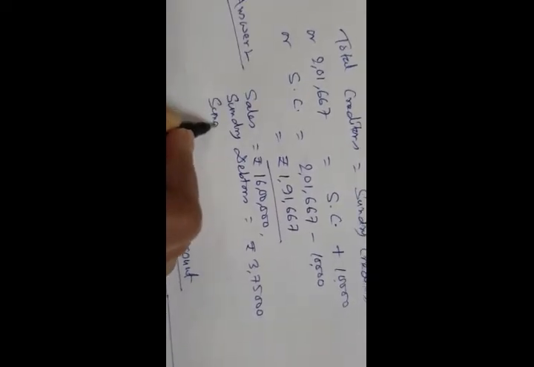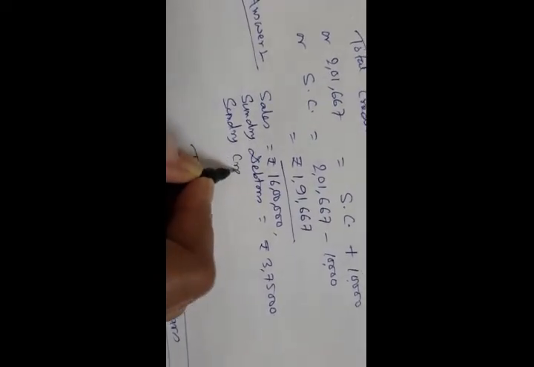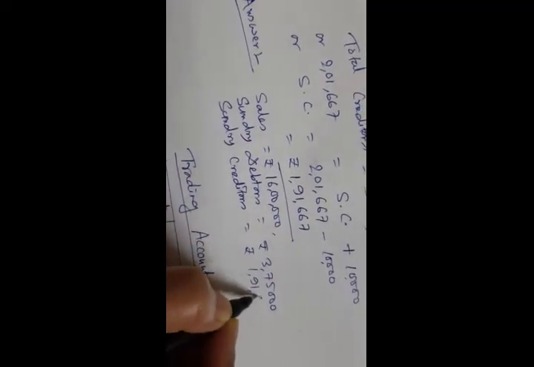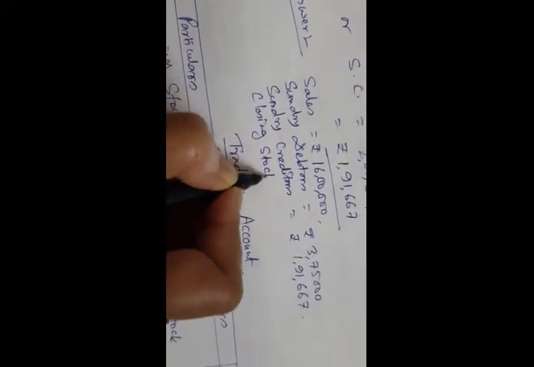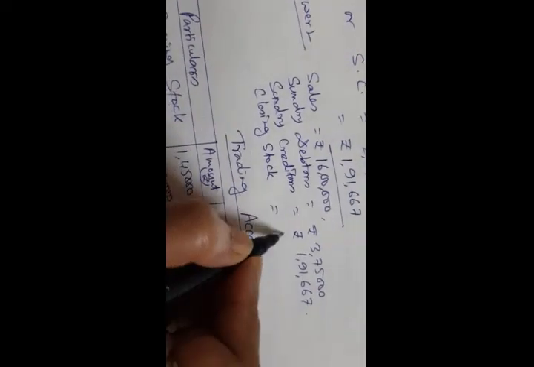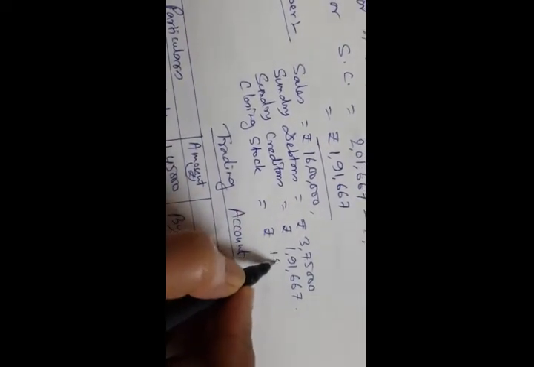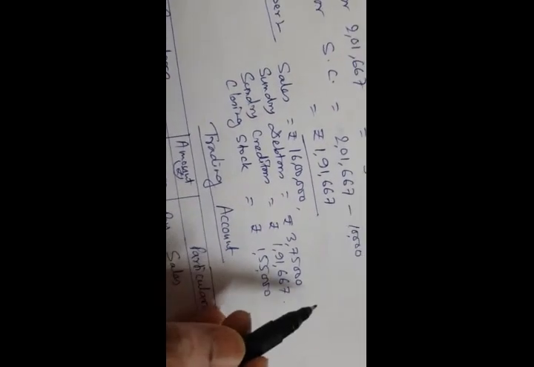Sundry creditor we have just now computed, rupees 1,91,667. And closing stock is how much? 1,55,000. Complete. So our answer is finished.